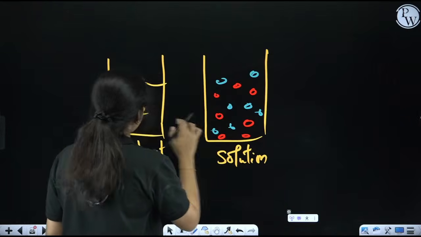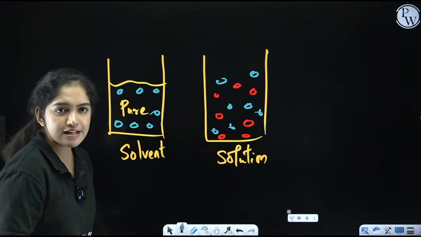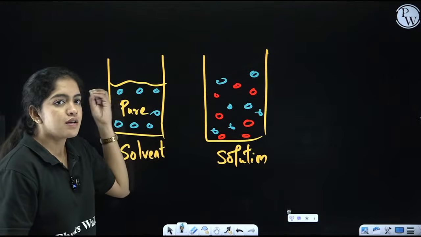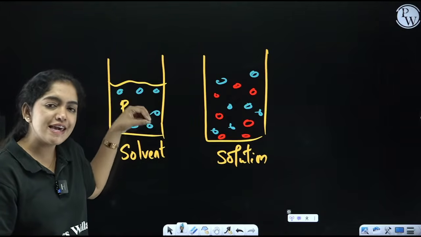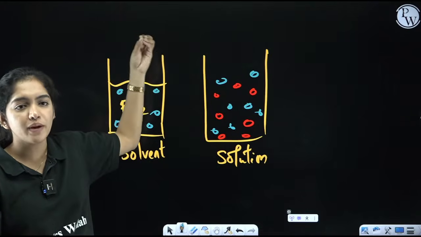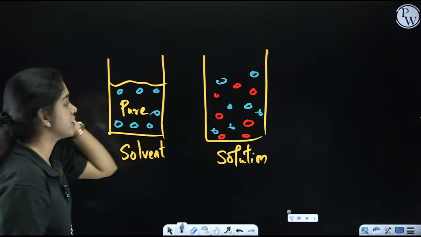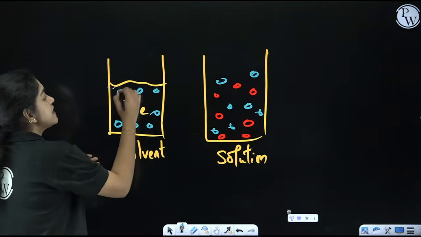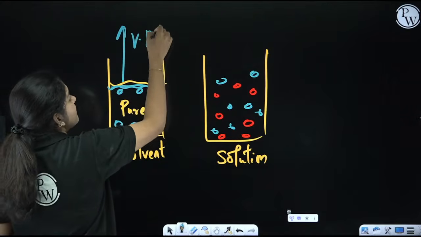But in the case of pure solvent, only solvent is there, so no one is giving any hindrance. So pure solvent can easily vaporize, and water will have high vapor pressure. Because no one is giving any barrier here, it can easily vaporize, so the vapor pressure will be very high.